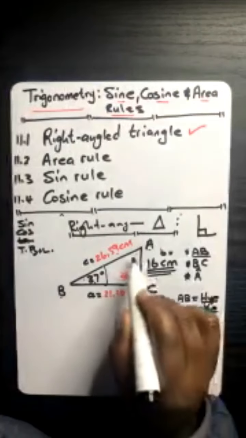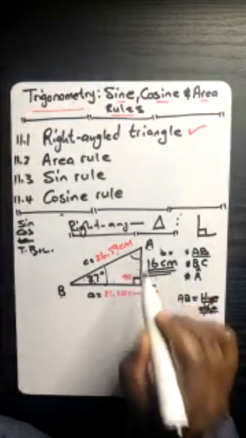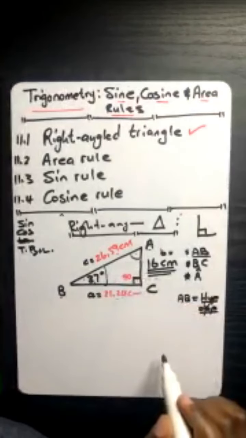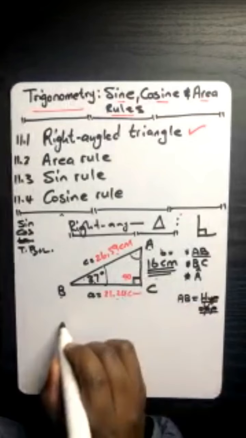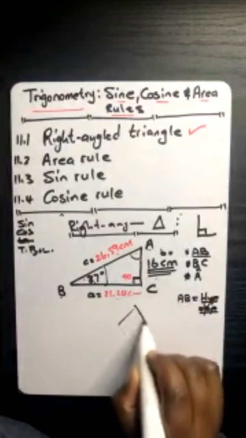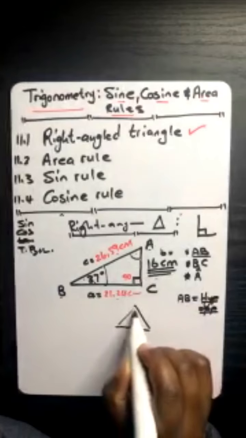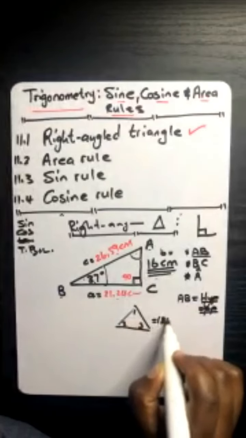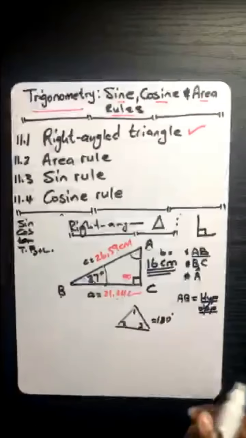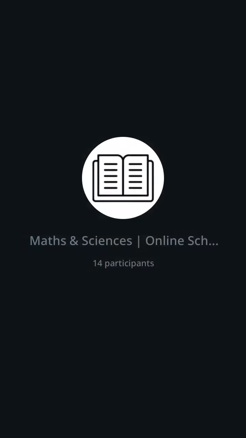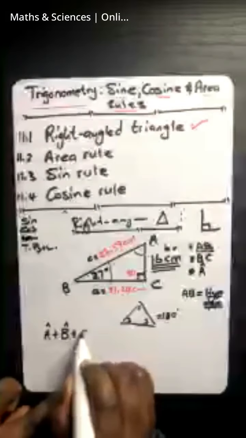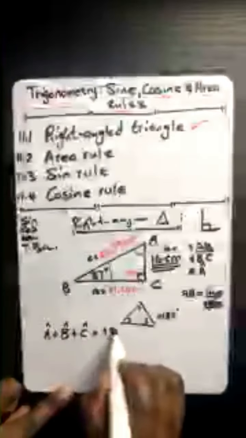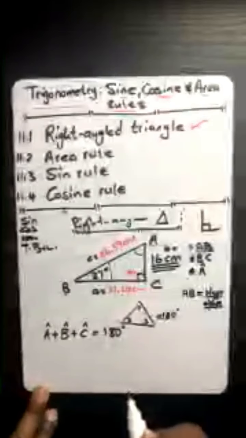The sum of interior angles of a triangle is equal to 180. Meaning, always if you have a triangle, when you add angle 1, angle 2, and angle 3, they must all be equal to 180 degrees, which means angle A plus angle B plus angle C must be equal to 180 degrees.